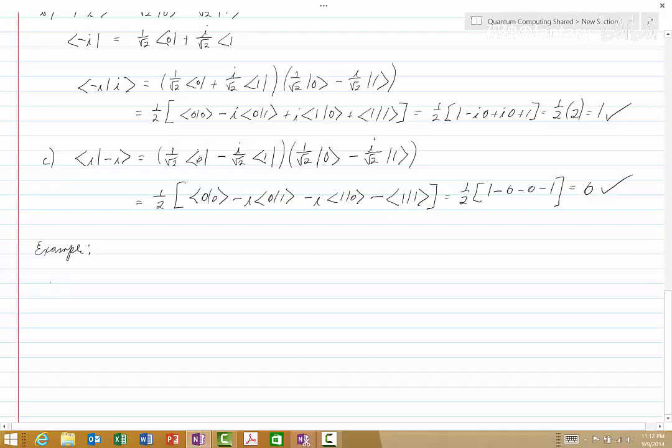Suppose we want to express the following vector.